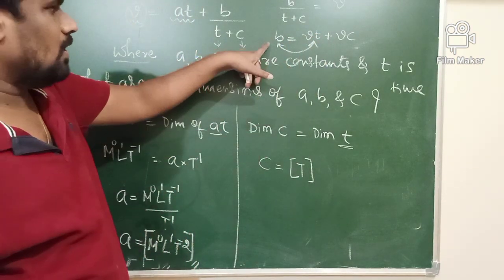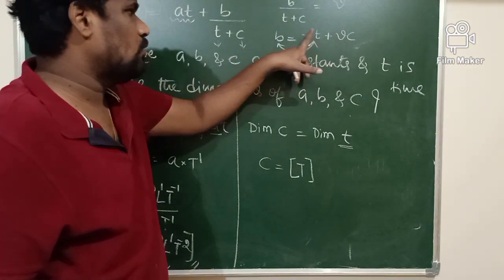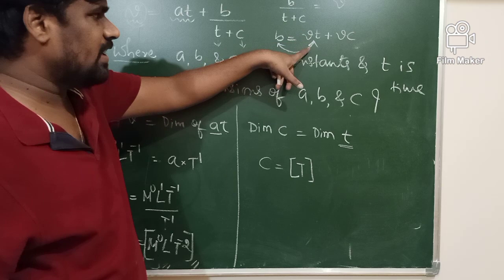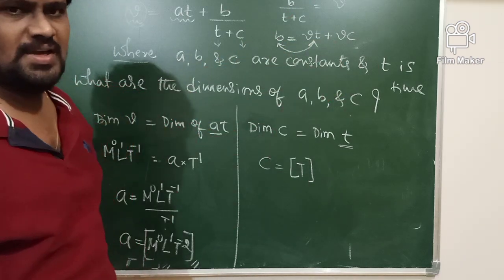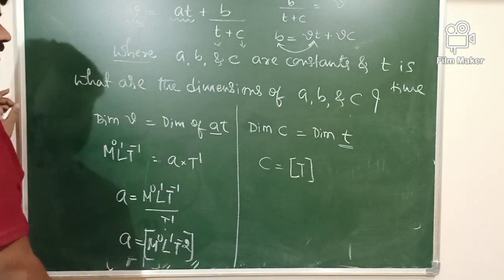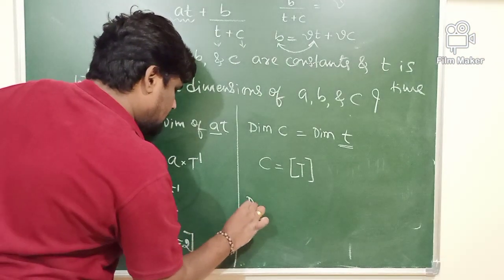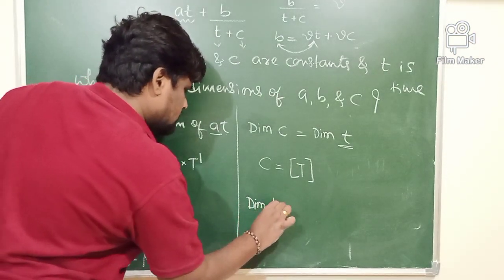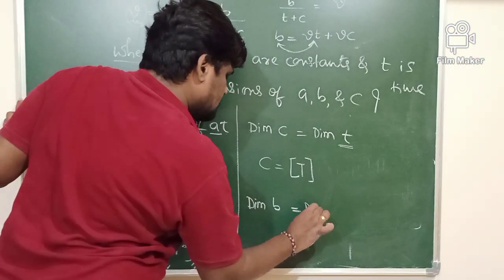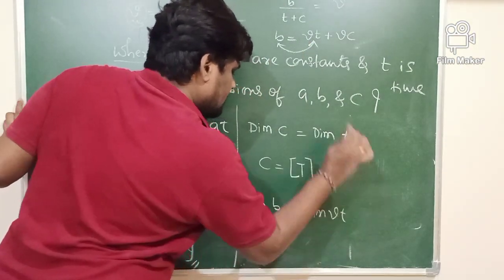Once again, all the terms should have the same dimensions. Here the dimension of B, the dimension of VT and the dimension of VC must all be the same. Therefore what is the dimensions of B here? Dimensions of B should be equal to dimensions of what? V. Okay?